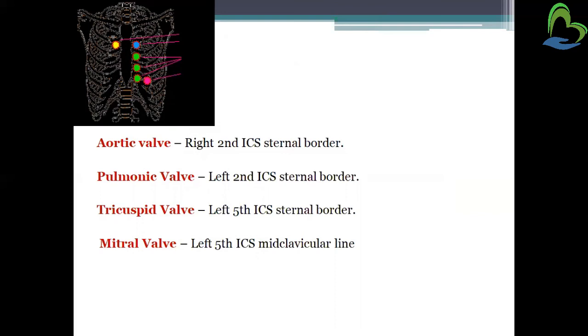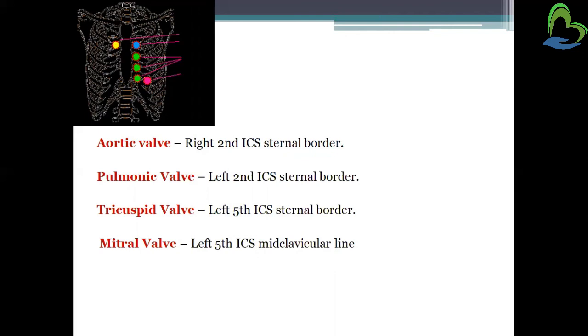The first one is the aortic valve. You must know the placement to auscultate the heart sound, right? For the aortic valve, you place it at the right second intercostal space, sternal border. Then the second one is the pulmonic valve. You place it at the left second intercostal space, sternal border.